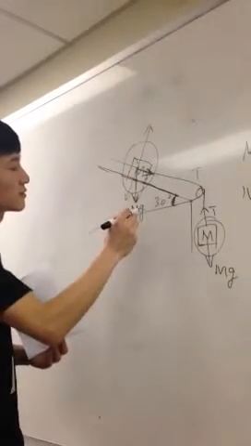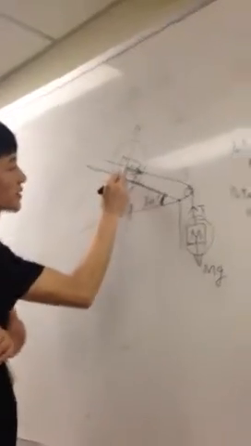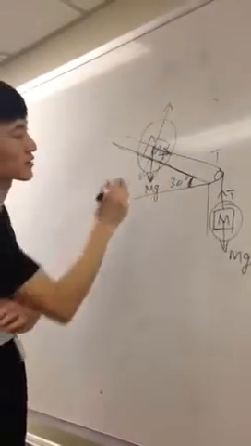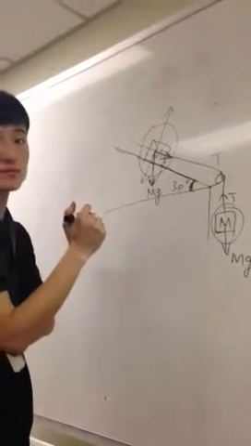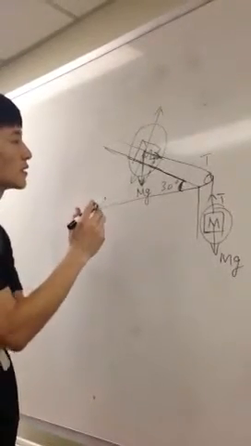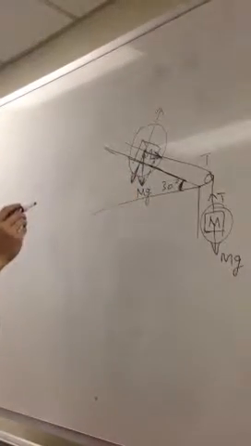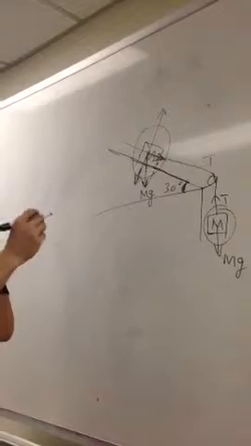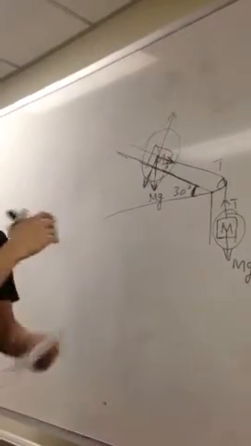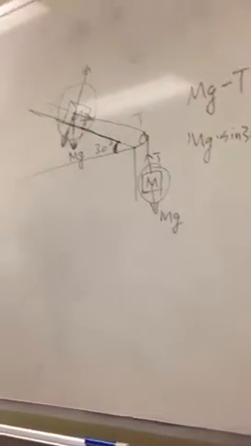So that's why we don't have the cosine of the angle, because it's parallel. No, the mg is not parallel, but the x component of the force is parallel. That's why we don't have the force cosine of the angle. Because the cosine component is vertical to the surface, and the surface is frictionless, so it won't have any effect on the movement.